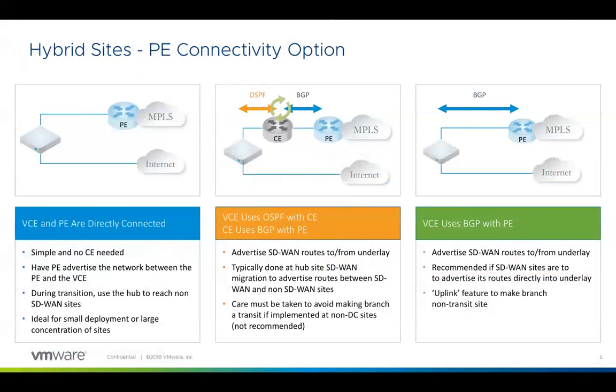And so, if you automatically enable mutual redistribution between OSPF on this edge and the SD-WAN fabric, then there's a possibility that this branch site might become a transit. So this is only recommended at data center locations.